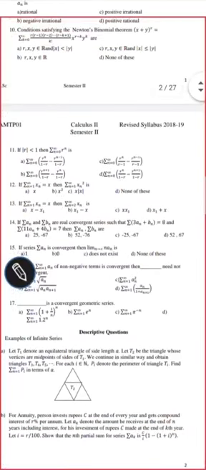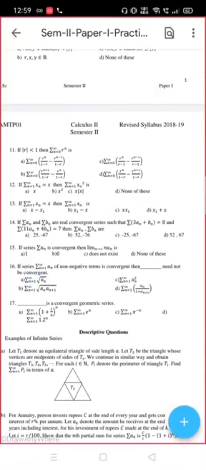Okay, good. Tell me questions number 11 to 17. Any other? 12. Any other question?